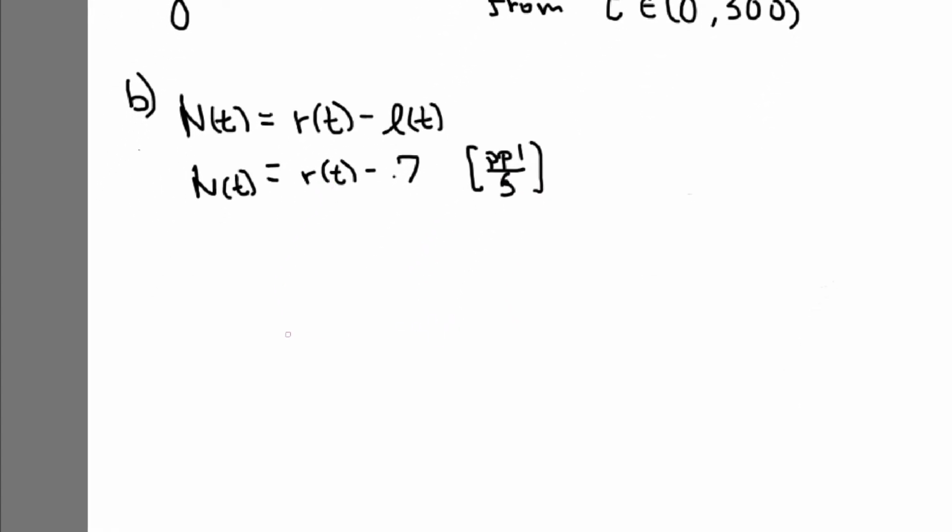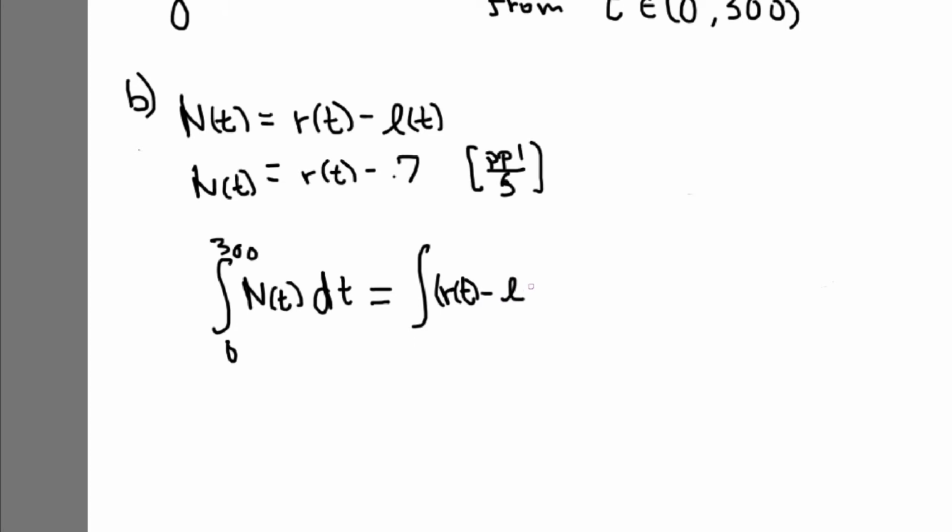So first let's find how many people are on the escalator from 0 to 300. So very similar to part A, we want to integrate our net function over the time interval 0 to 300, which is really equal to the integral of R of t minus L of t dt over the same time span.